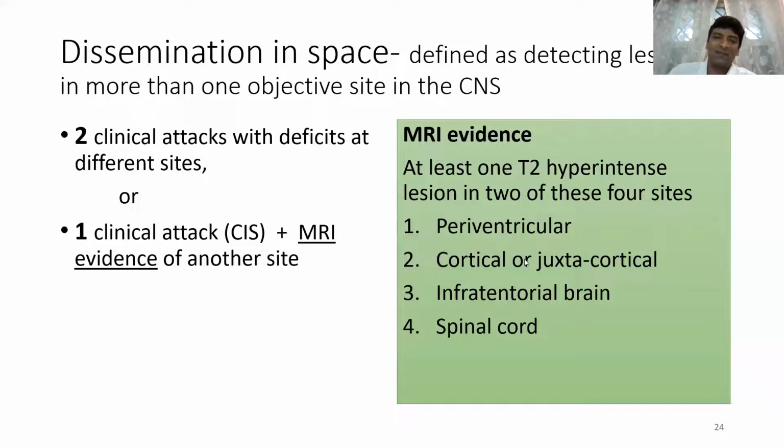Why this is important is most other differentials like unidentified bright spots in migraine, for example, or small vessel ischemia are not commonly going to involve all these sites simultaneously. So if you can establish that 2 or more of these 4 sites are affected, you can prove dissemination in space. One important point is that the optic nerve MRI is not included amongst these 4 sites, perhaps because it's not reliable.